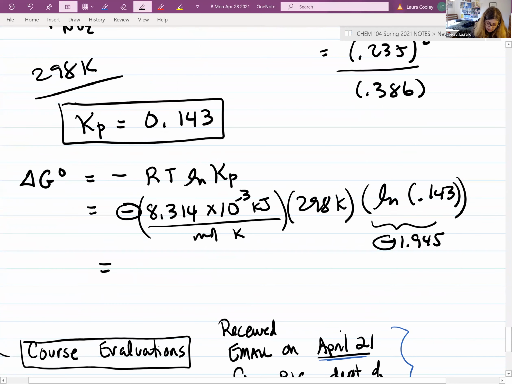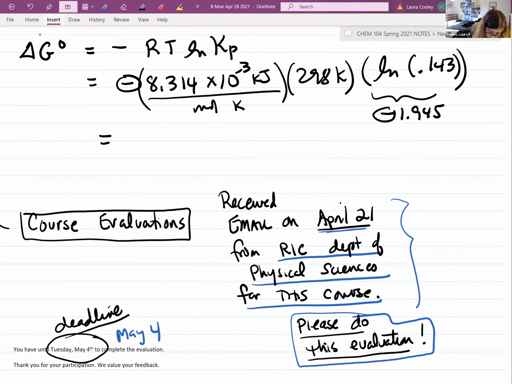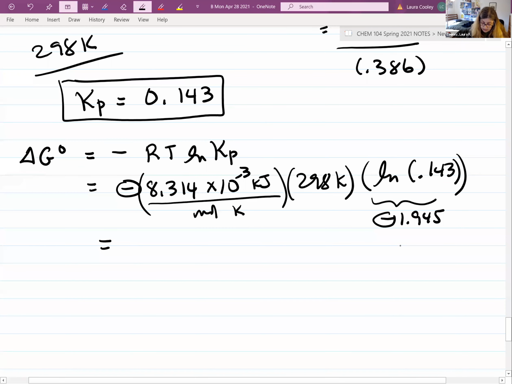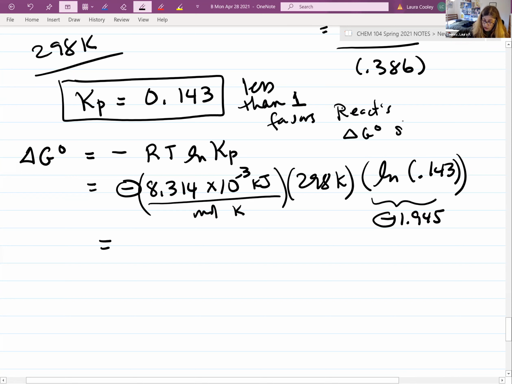So you're going to get a positive delta G0, which makes sense because you have a K that's less than 1 that favors the reactants. And delta G0 should be positive, and it's going to be because we have two negative signs.